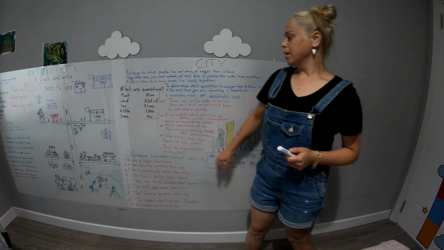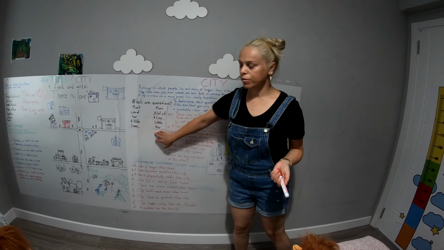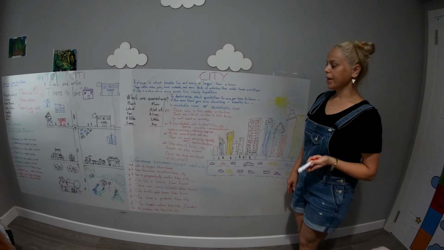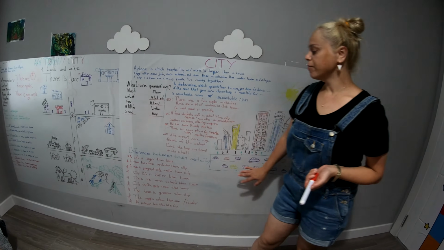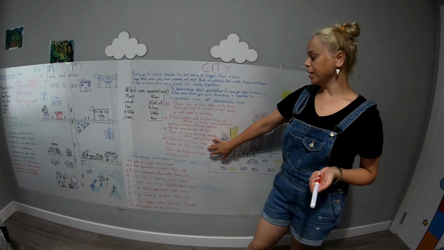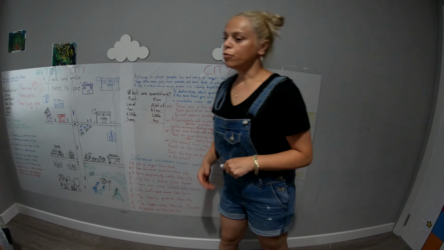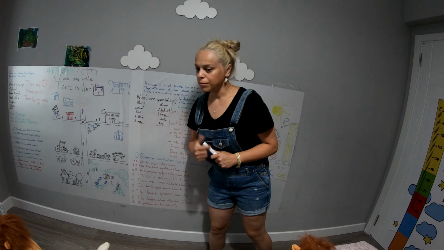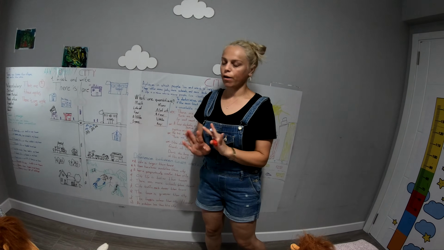Now, any. When do we use any? We use any in negative sentences and when asking something in a question, right? Negative and question. For example, do you have any time to play? No, I don't have any time to play.